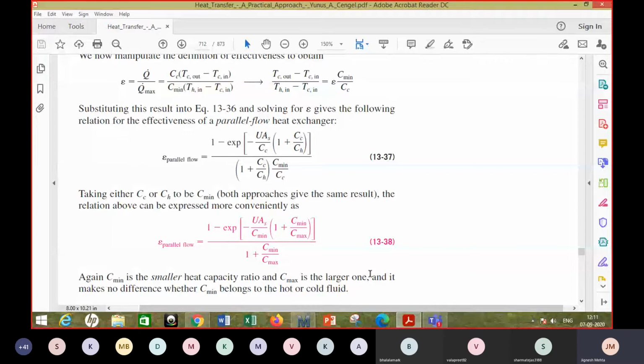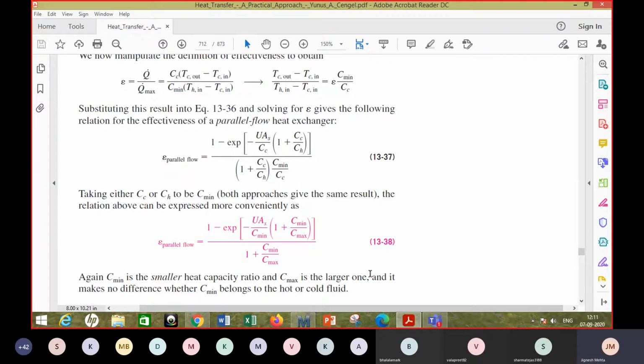If all four temperatures are available, in that case the LMTD method is easier and can be used, while the NTU method also can sometimes be used. The effectiveness-NTU method, in a way, you can say is more universal, while the LMTD method is generally used when all four temperatures are available or can be found.